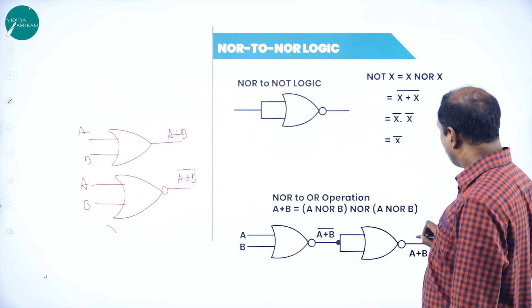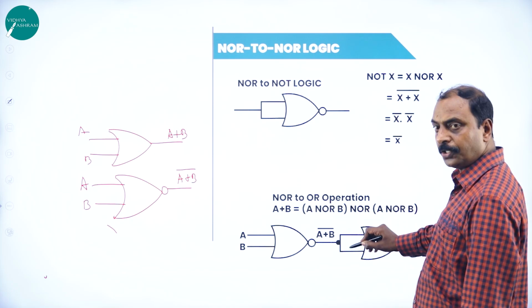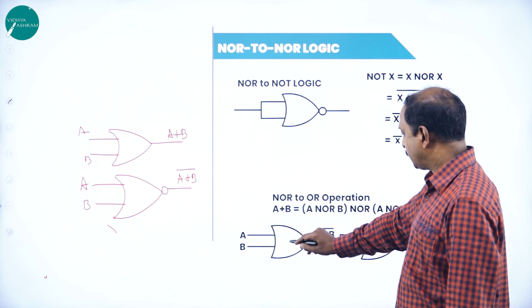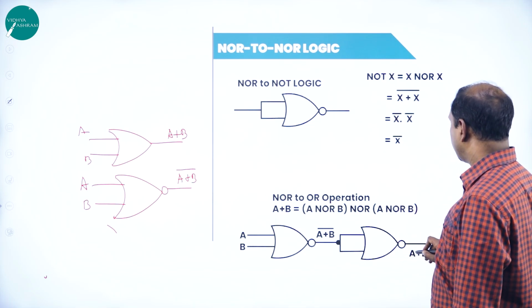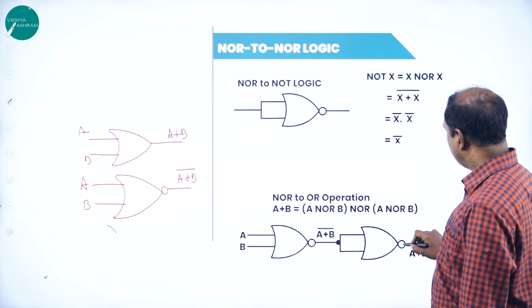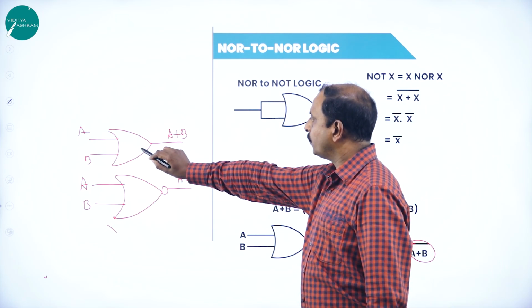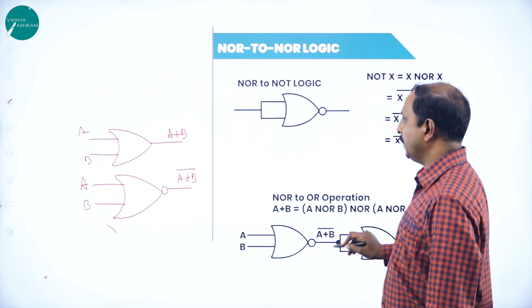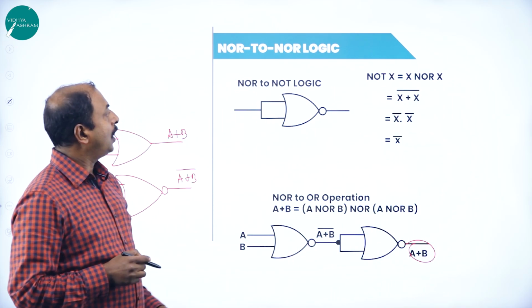So this is one more NOR gate, it has two inputs and we have to short it, and the output of this will be the input of this one more NOR gate. So we will get the result A plus B. This result A plus B is similar to the output of an OR gate, that is A plus B. See, this is the circuit for NOR to OR operation.